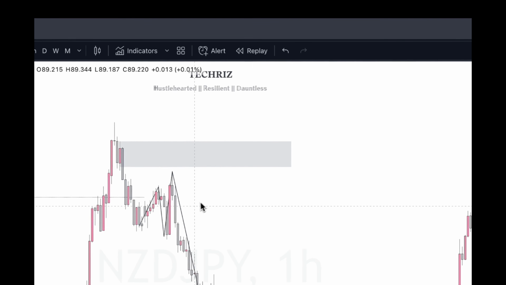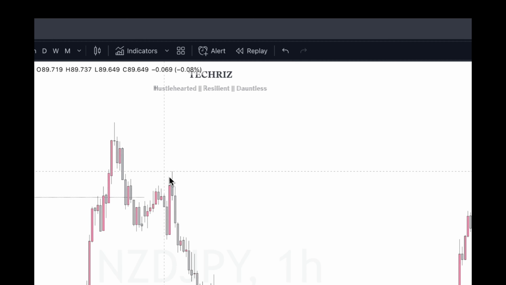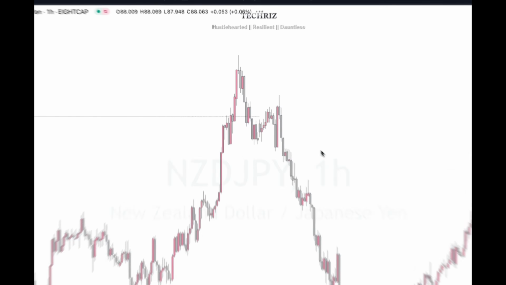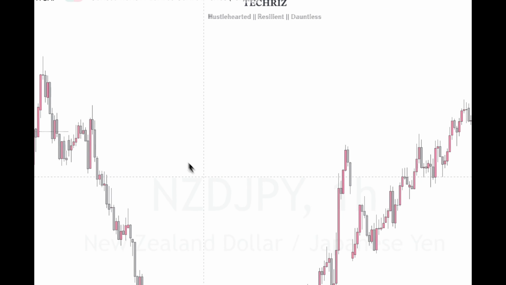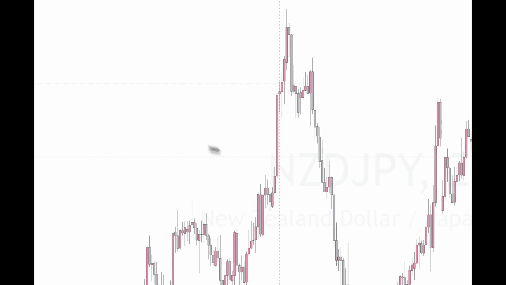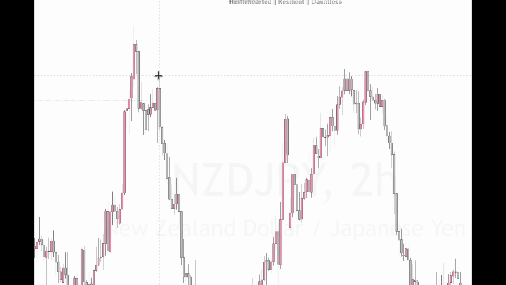Or you can treat it this way, where you just take the trade on the inducement, like I taught you guys, inducement entry, where you just enter on top of the inducement, right? Just take the trade on top of the inducement. Now, this was how I framed this trade. So I marked out the inducements.